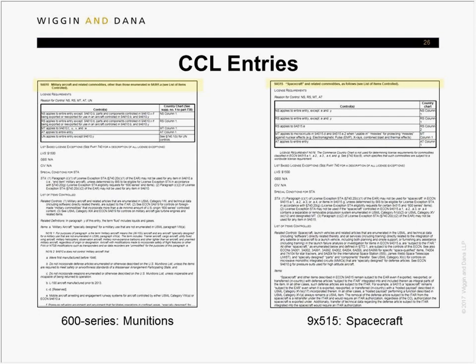The 6 tells you that it is 600 series, and what that means is that it is a munitions item, a military item that has migrated from the ITAR to the EAR during the last few years' process of export control reform.